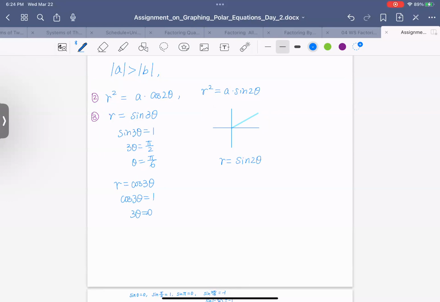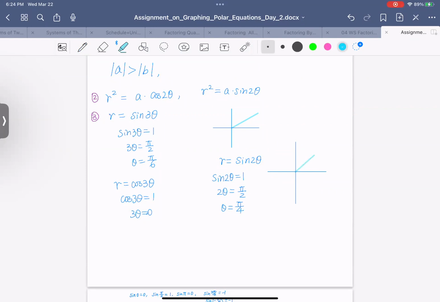And then R equals this. Who is this? 4 petals. Yes, 4 petals. So we have to figure out these 4 major directions. How do we figure out those 4 petal directions? Make it equal to 1. 2 theta will be 2 pi over 2, so theta is pi over 4.